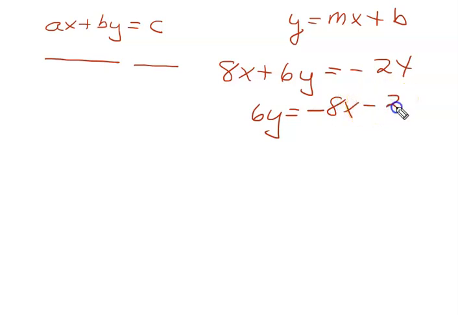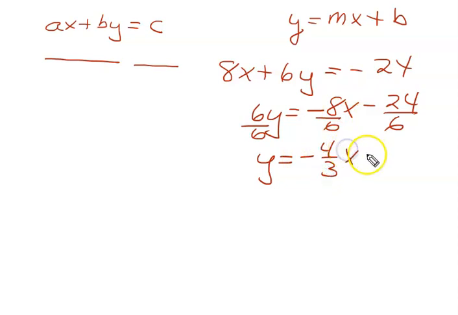Divide everything by 6. This becomes y equals. Now we need to simplify this. This is going to be -4/3 x minus 4. So this is now in slope-intercept form.